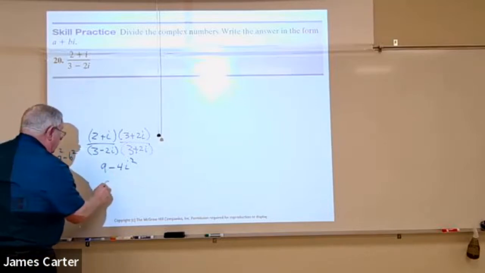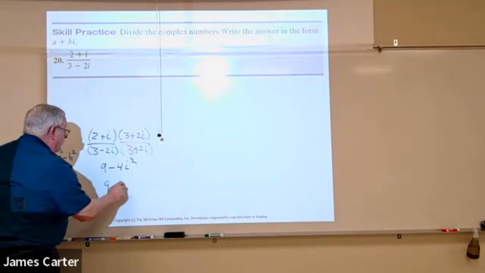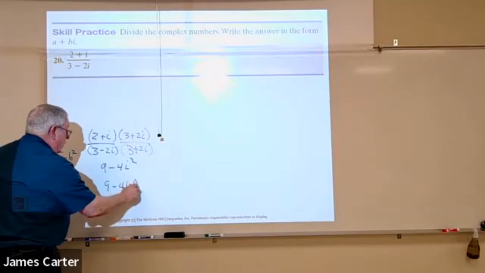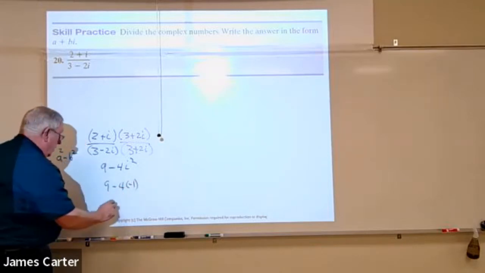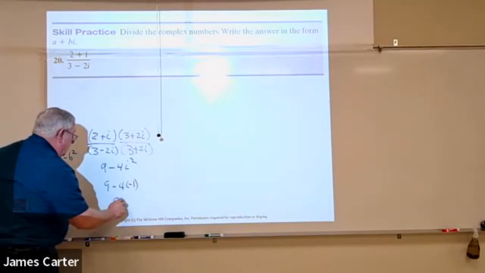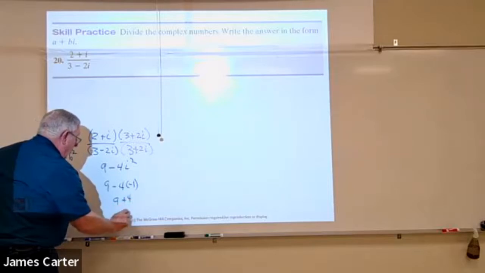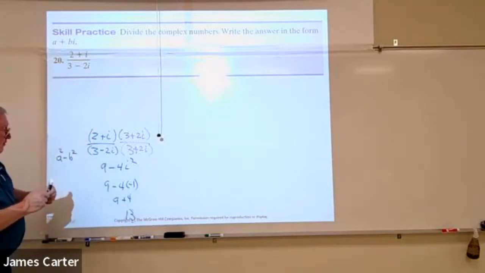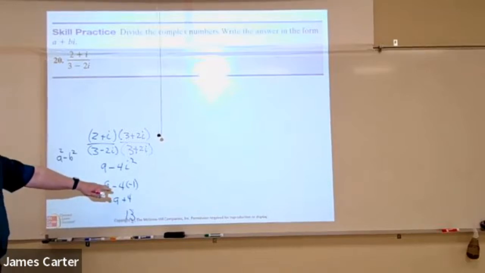Well, this becomes 9 minus 4 times -1, which becomes 9 plus 4, or 13. Okay, and I don't necessarily need to circle that. That's as far as you can take this denominator for now.